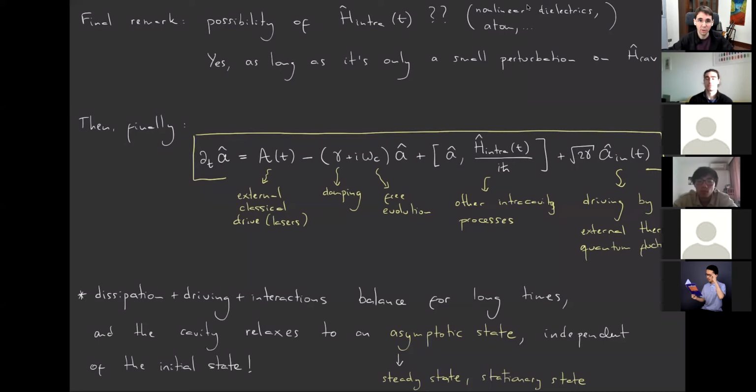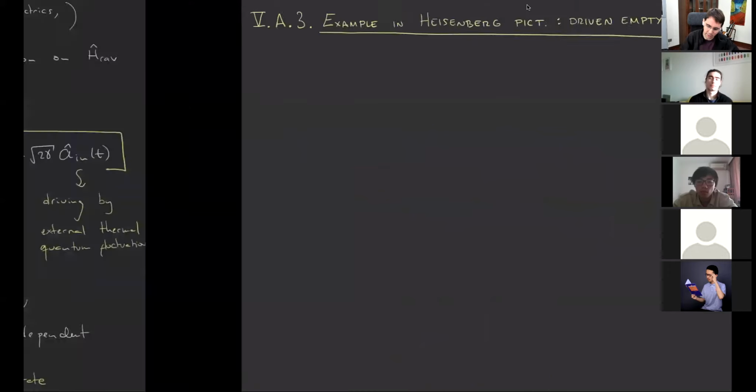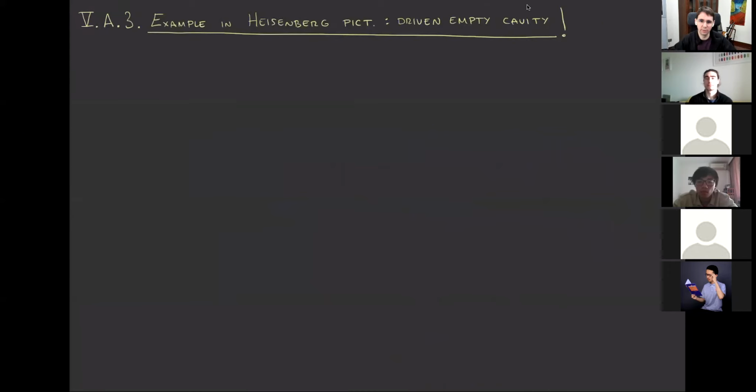Now that we have all the ingredients that we need to describe open cavities in the Heisenberg picture, let me consider one specific example and let's study it. Let's consider an empty cavity, so we assume that there are no intracavity processes. Later on in the course, we will study some more complicated situations.